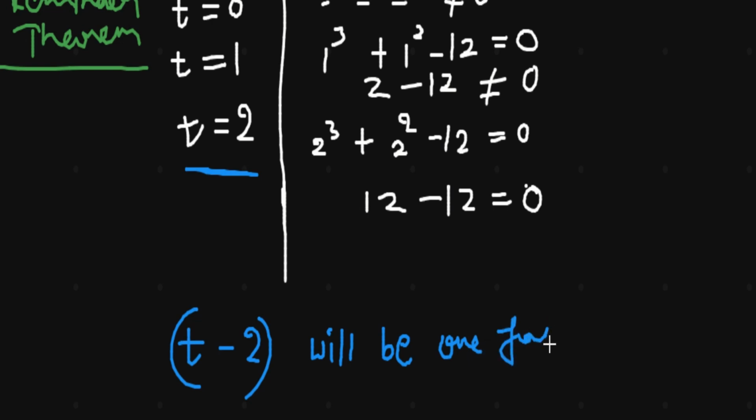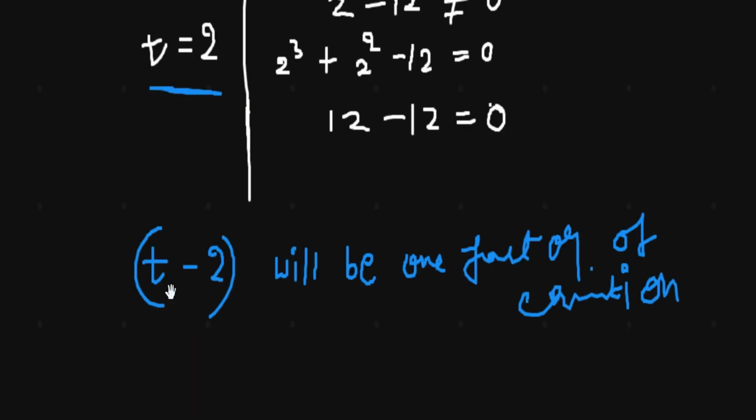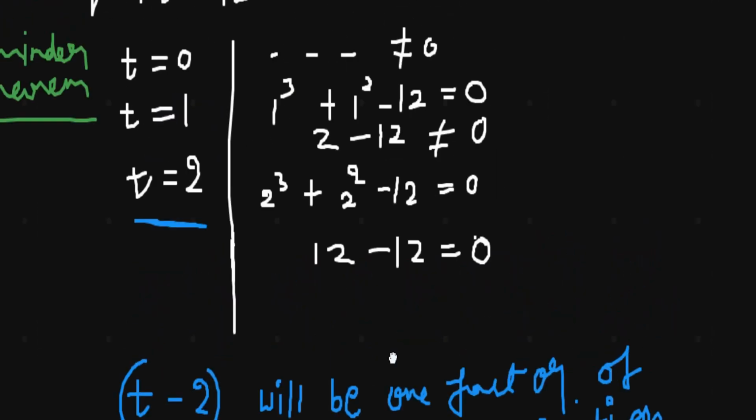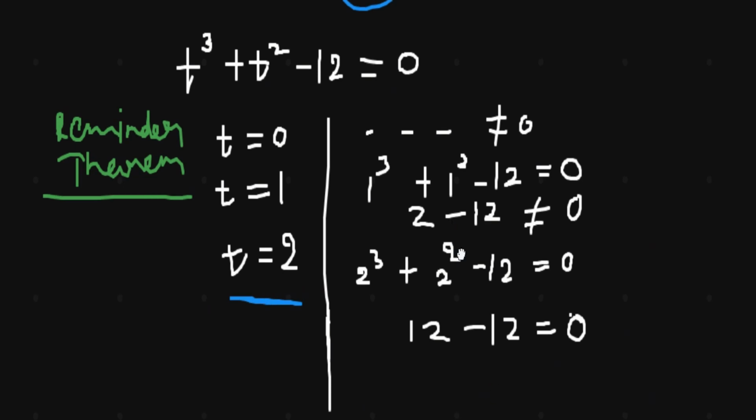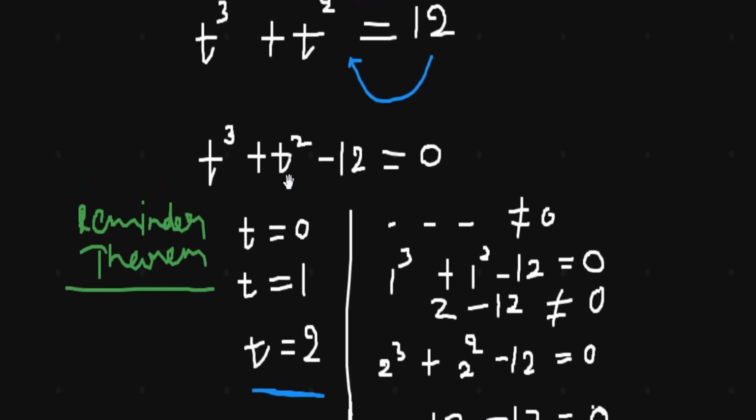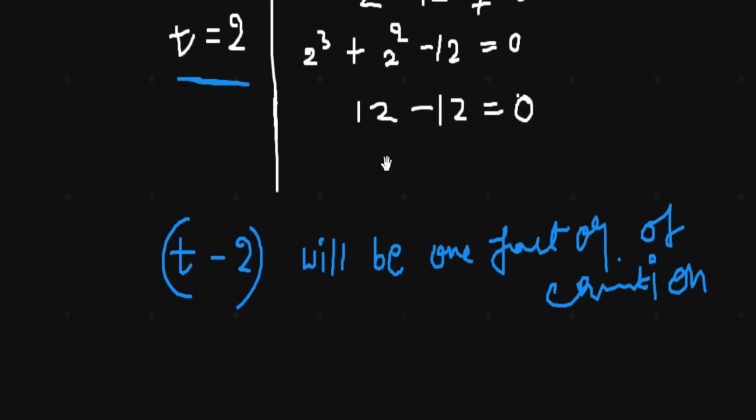We got one factor for this equation, where the solution is t is equal to 2. So t minus 2 will be one factor of the equation t cube plus t square minus 12 is equal to 0.